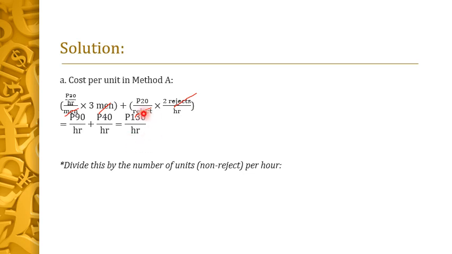So let's divide 130 pesos per hour by the number of units, non-rejects, per hour, which is 8 units per hour. Therefore, cancel hour. And the quotient using your calculator is 16.25 pesos per unit.